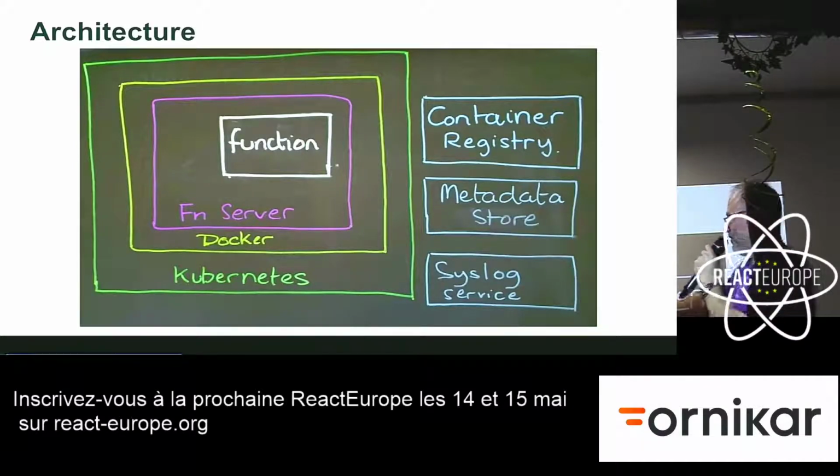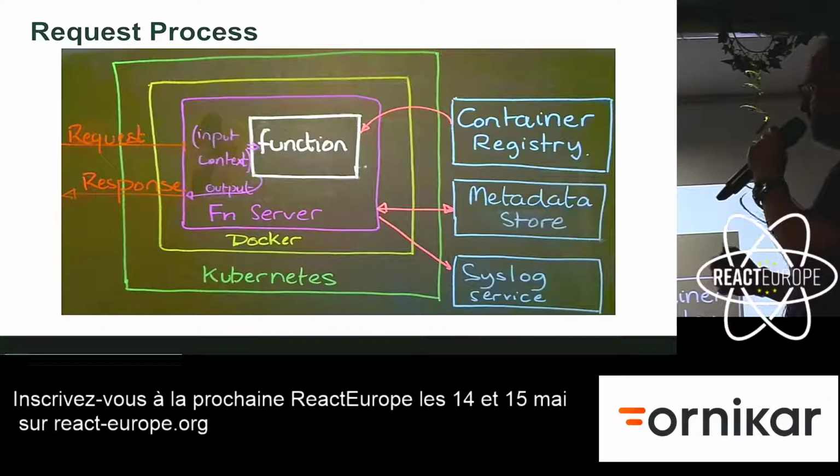But you have your function container that's hosted within the FN server, that's running inside Docker and orchestrated by Kubernetes. You've got your container registry where your containers live. There's a metadata store which maintains things like what the endpoints are, and there's the syslog service for logging.